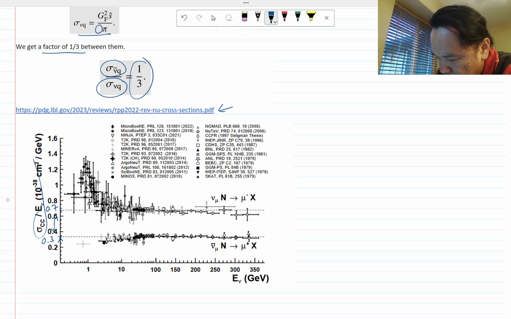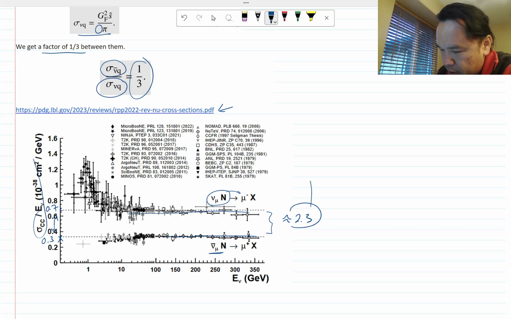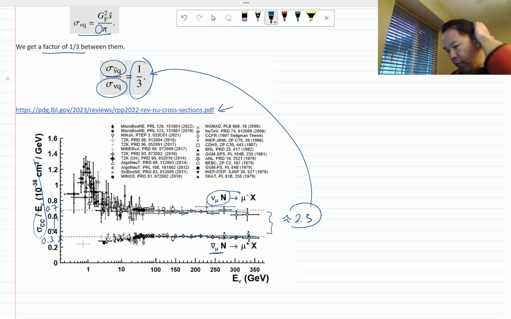The neutrino-nucleon cross section versus the antineutrino-nucleon cross section to a mu plus and so on, the ratio of them approaches this approximately. It's like 2.5 or 2.3, so it's not exactly a ratio of 3.